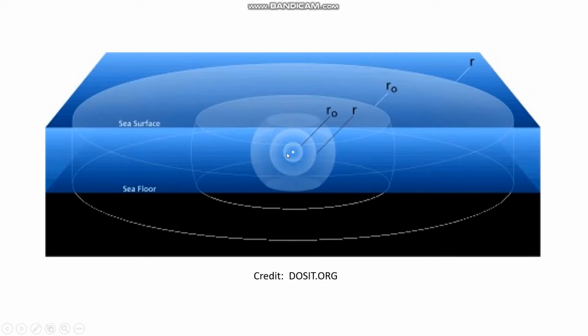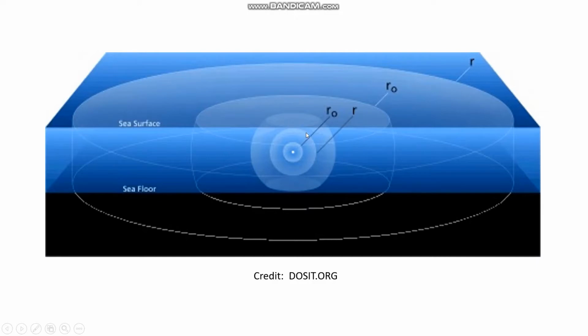Let's look next at spreading losses that occur, and they can be either spherical or cylindrical. Spherical spreading loss is simply indicated here. We have a sound source in the center, and as the sound wave propagates out in all directions throughout the water, like a balloon that you're filling up with air, for each doubling of the radius, doubling of the distance, you will have 4 times the surface area occupied by this wavefront, and therefore 1/4 of the power per unit area on this surface.